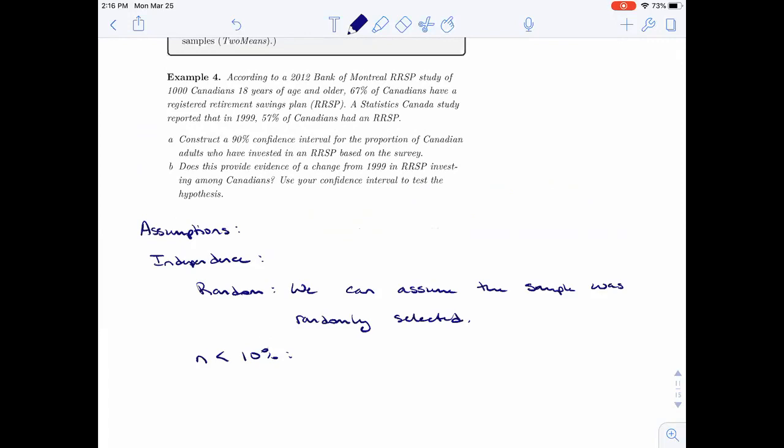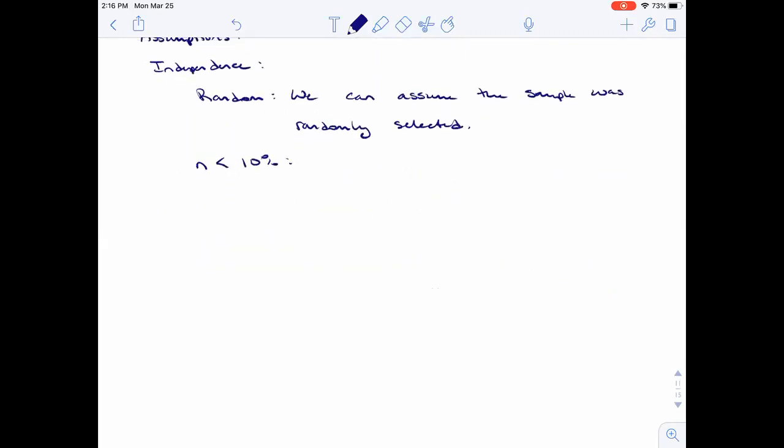I'm confident when I say that that's less than 10% of all Canadian adults, right? And so we can say something like: a sample of 1,000 is less than 10% of all Canadian adults.